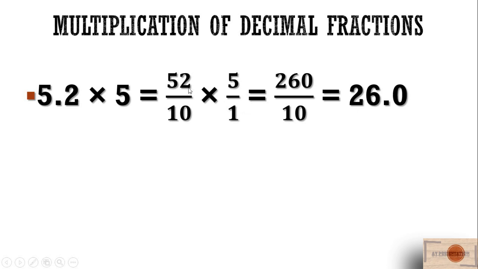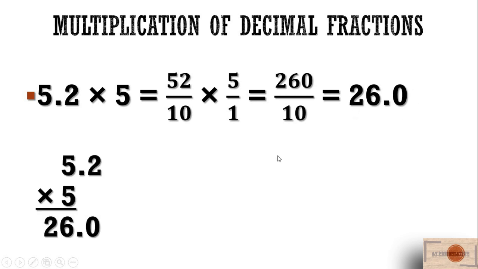Then 52 multiplied by 5 is 260, and 10 multiplied by 1 is 10. So write 260 here, and in the denominator place there is 10, so leave one digit and give a decimal point. So the final answer is 26.